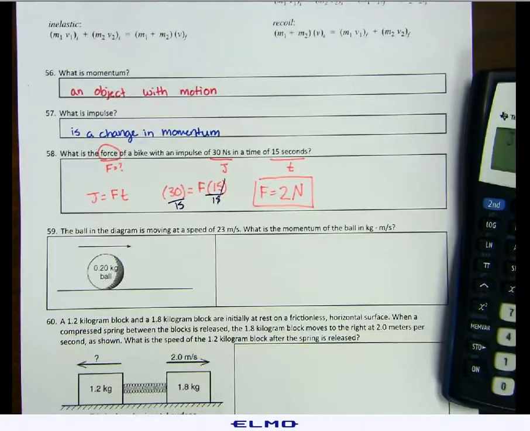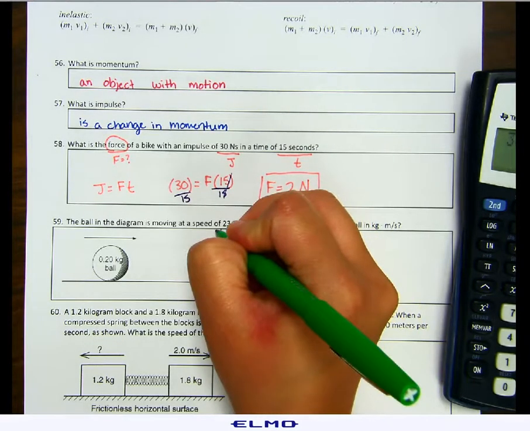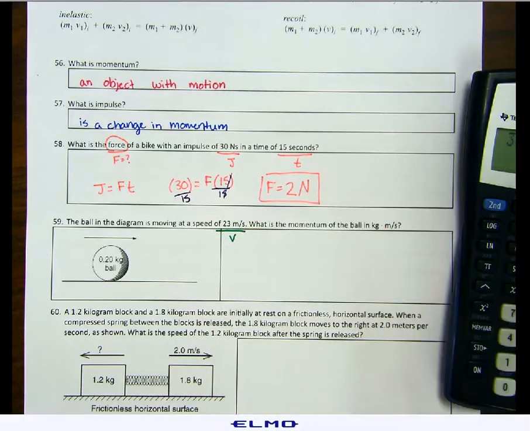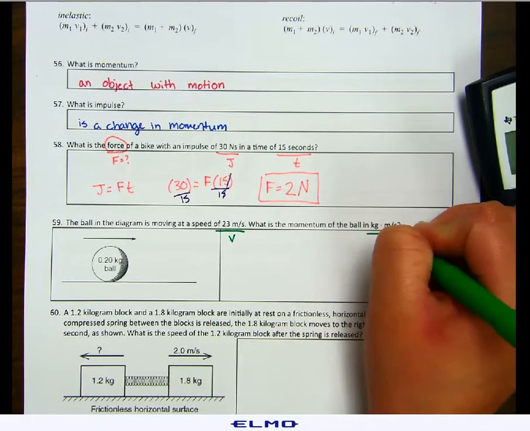Number 59. The ball in the diagram is moving with a speed of 23 meters per second. What is the momentum of the ball in kilograms meters per second? So we know the speed, which is the same thing as velocity. We're looking for momentum.